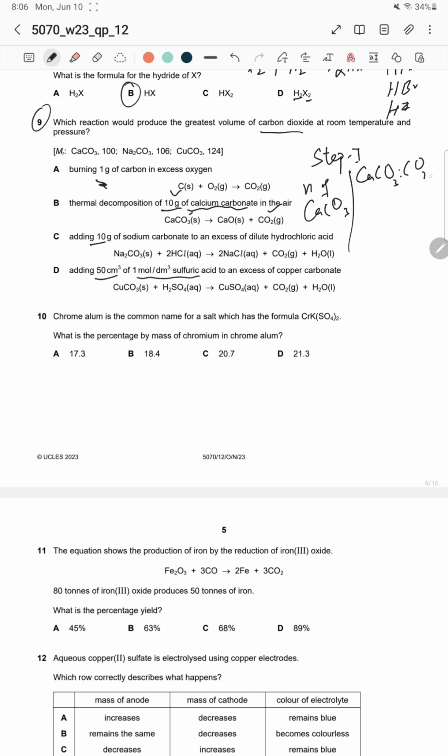CaCO3 will be the given, CO2 will be the required. This will be 1, this will be X. Here will be the answer from step 1. Then use the formula for finding the volume of a gas, that is number of moles multiplied by 24. So when you follow the same procedure, the final answer for question number 9 is B.